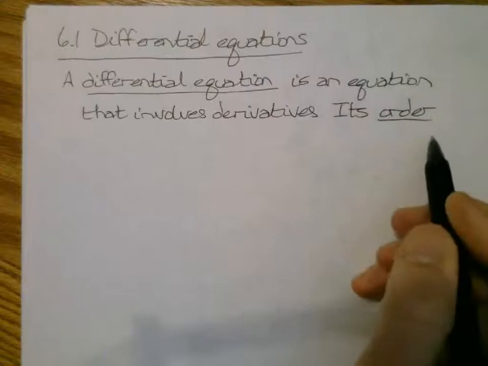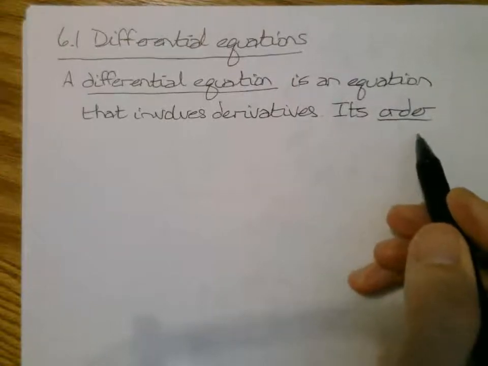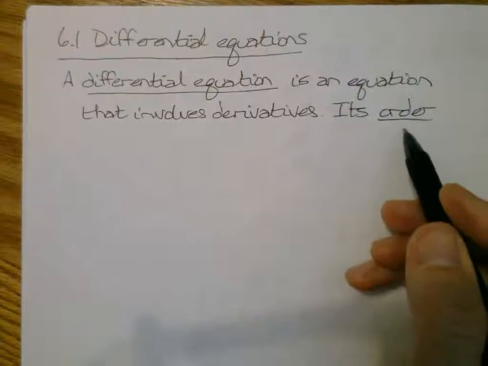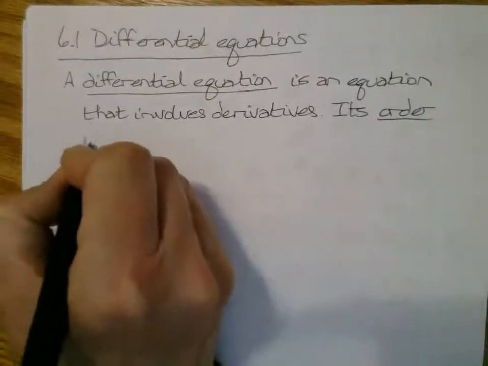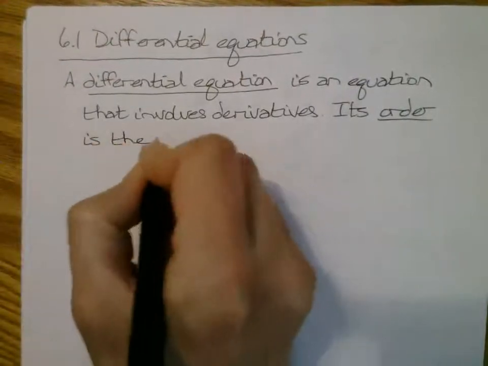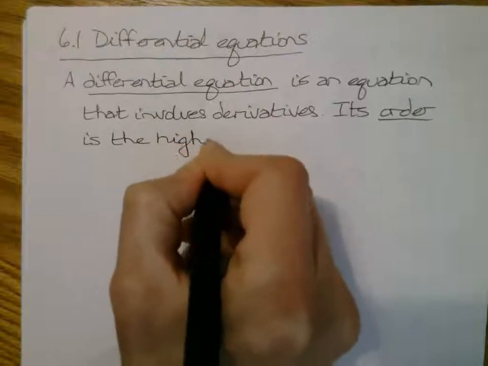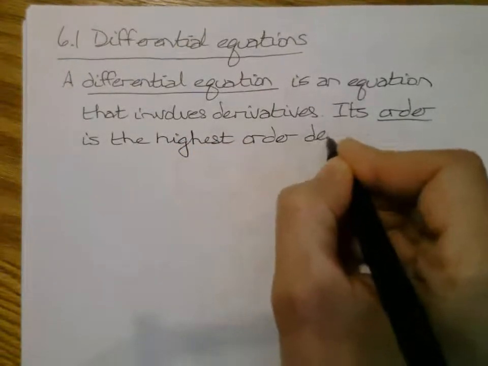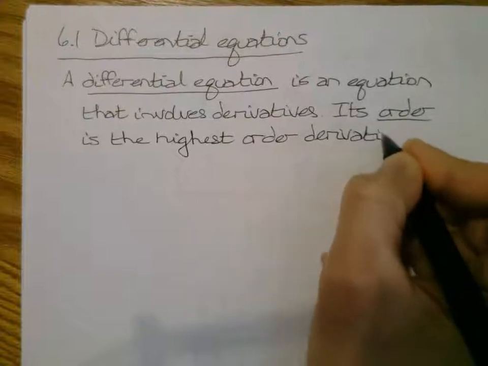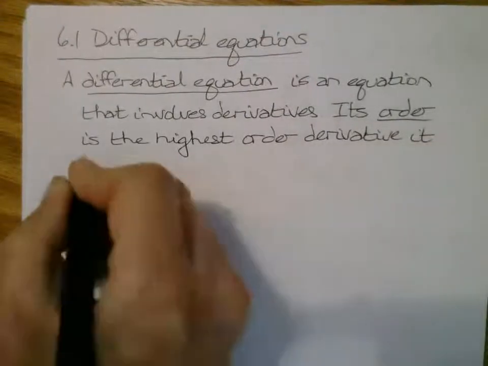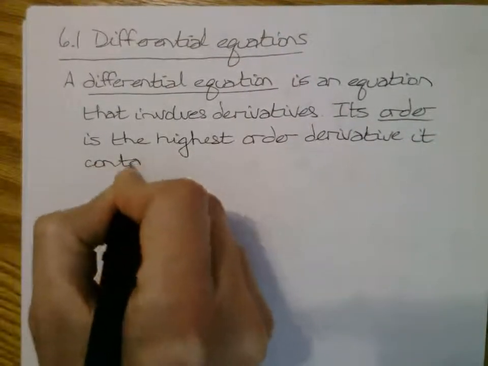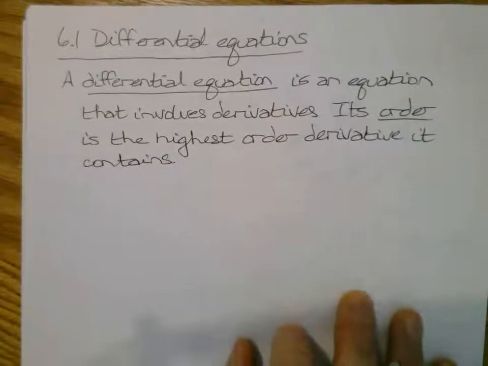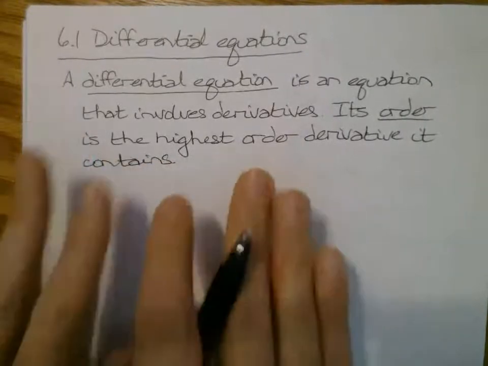So if it just contains a first derivative, it's a first order differential equation. If it contains a second derivative, it's a second order differential equation, and so on. And then there's partial differential equations, which we're not going to look at at all, but related.